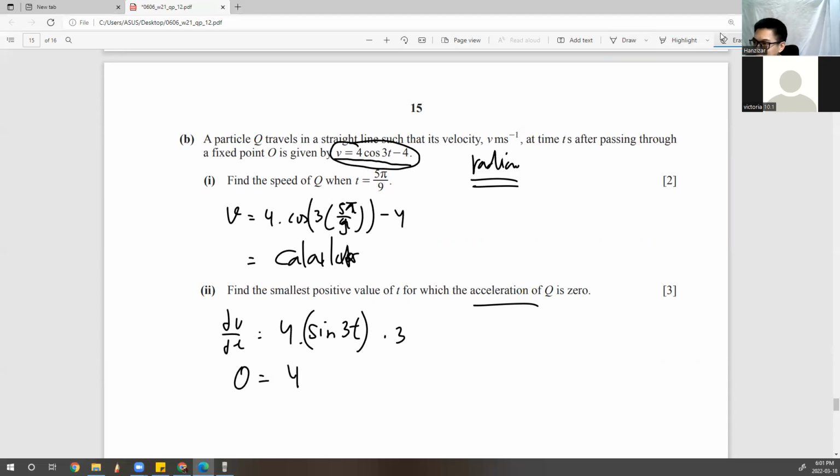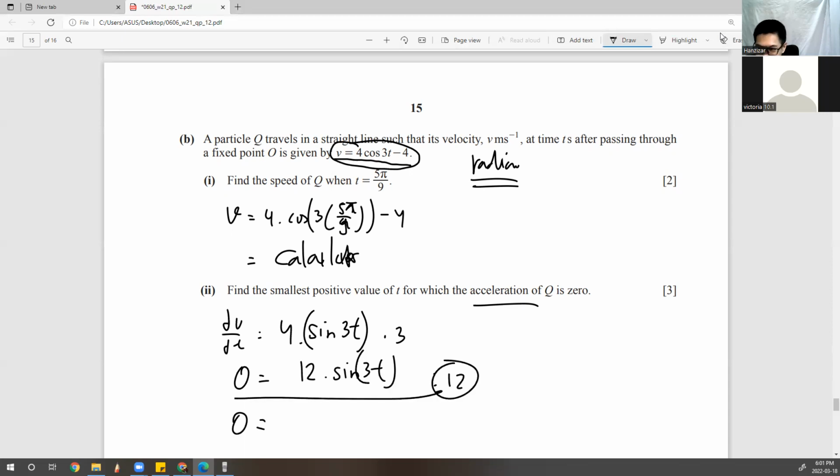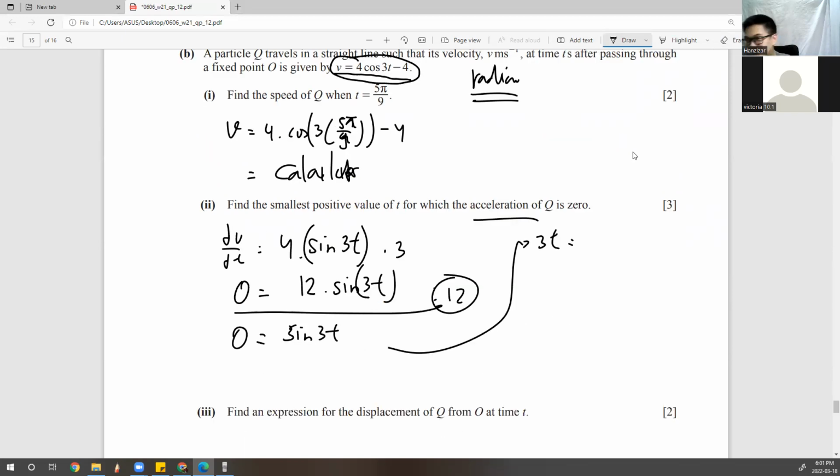This is 12 sine 3t. So you divide by 12, so 0 equals sine 3t. So 3t might be 0, but it doesn't make sense, or equals pi, right? Because sine pi is also 0.